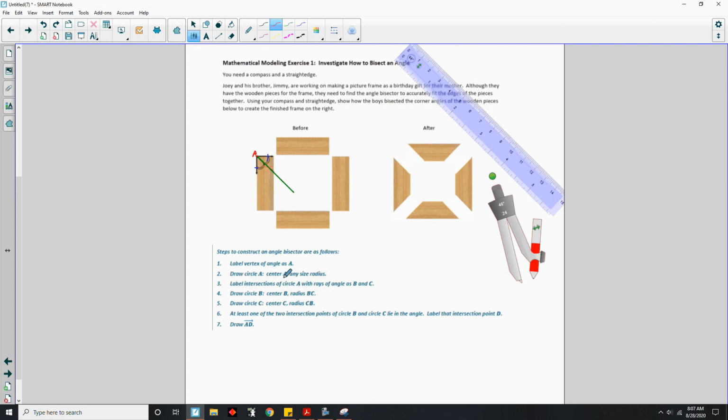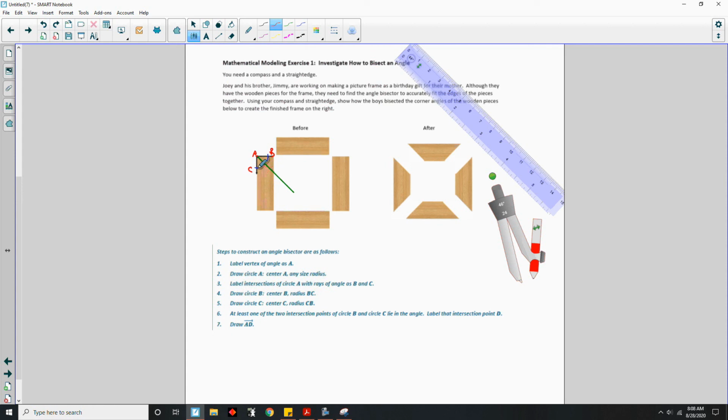Okay, label the intersections of circle A with rays of angles as B and C. So this would be B right here, and this point over here would be C. Draw circle B, centered at B. So I put my compass here, and then this would be the circle B right here, this arc.